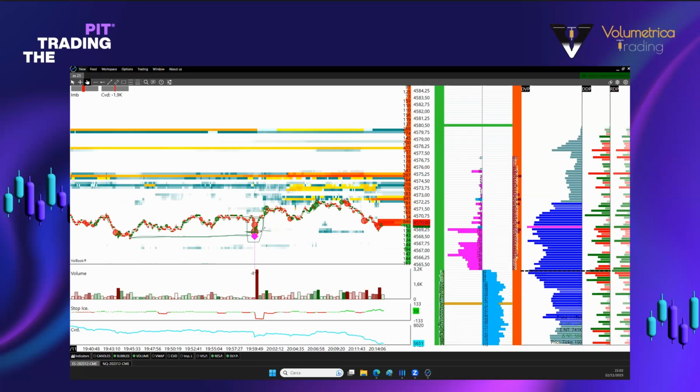So if after that we can see the counter force slowly picking up, that's a good situation where we can trade a reverse. Of course, according to the other plans that you have.